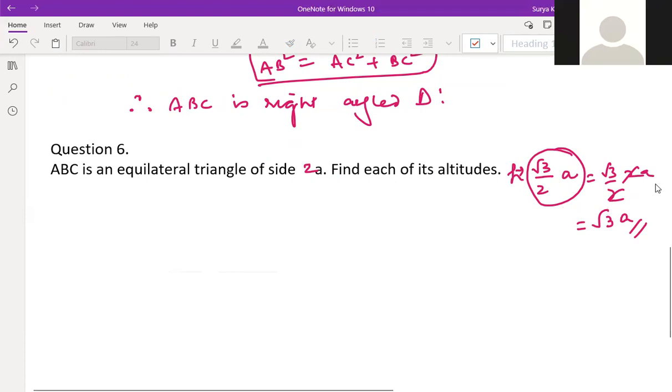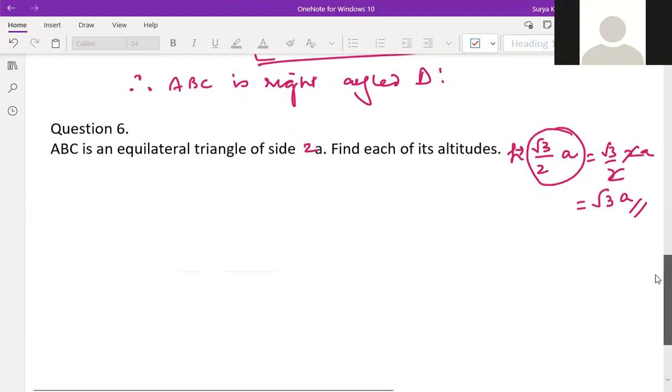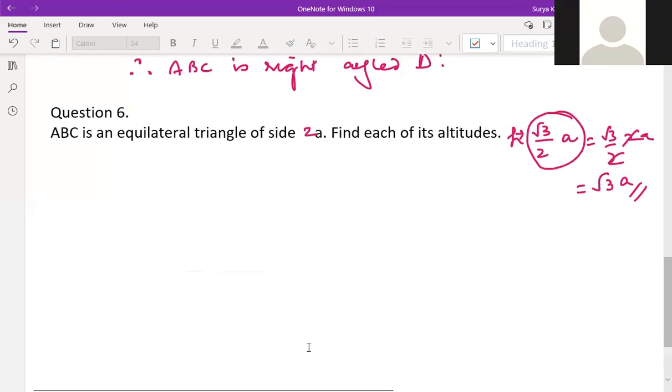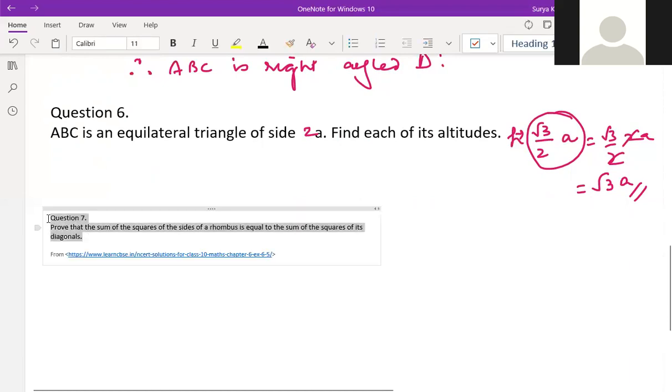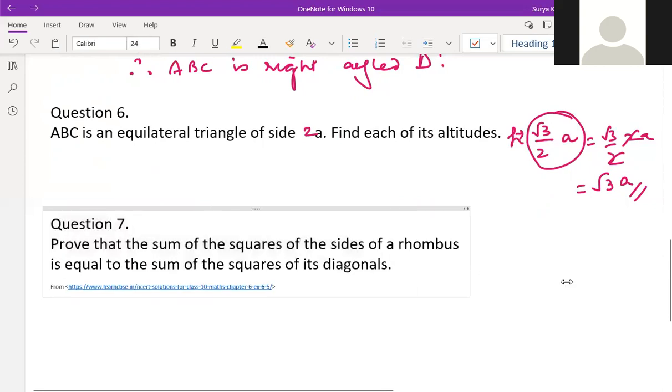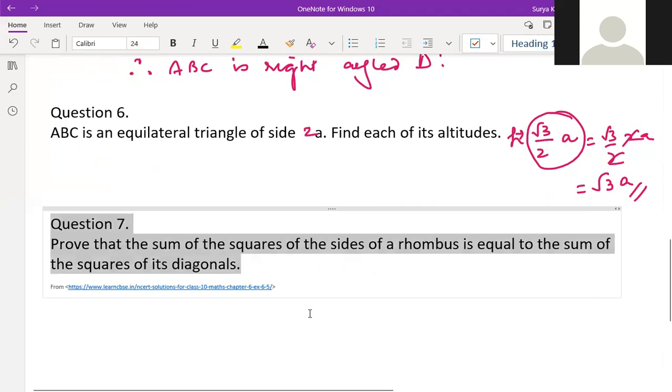Next question, question number 7. See question number 7.